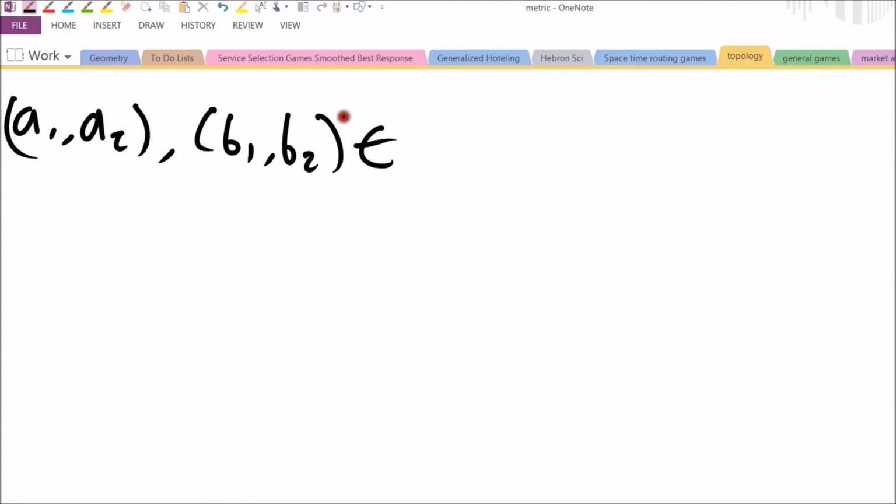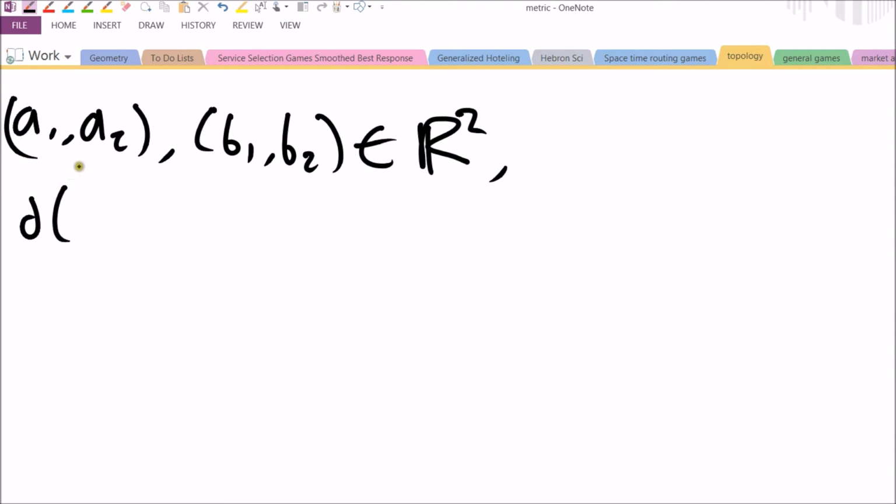And so suppose we've got a pair of points, (a1, a2) and (b1, b2) in the plane. And now I'll call it the Manhattan distance, but it's basically just a metric.